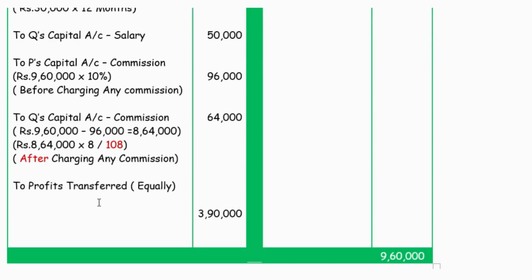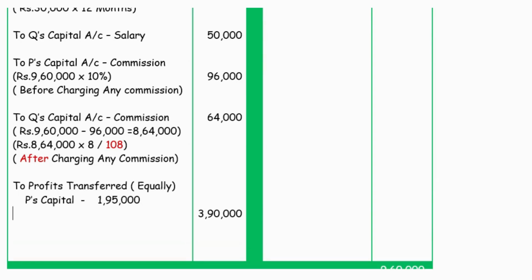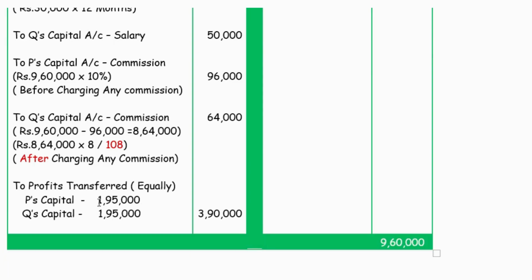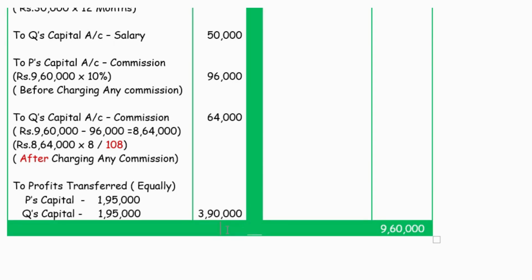Whenever no ratio is available, the partners' profits will be shared equally, and they will get a credit in their capital account. P's capital account: when you divide this 3,90,000, it will be 1,95,000. And again Mr. Q's capital, he will get a credit of 1,95,000. So we have made all the given entries and prepared the P&L appropriation account, totaling 9,60,000.